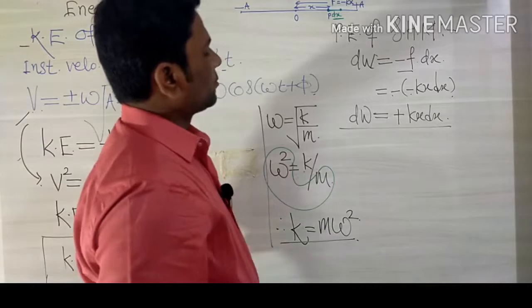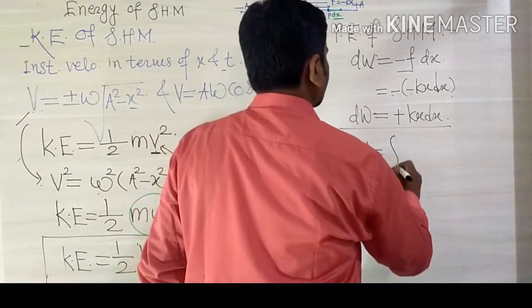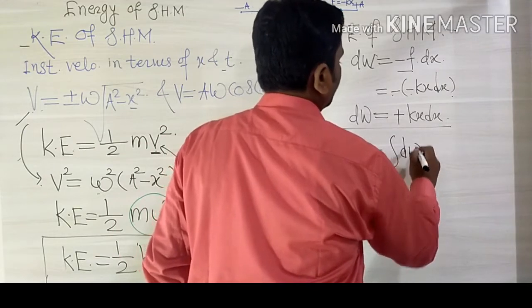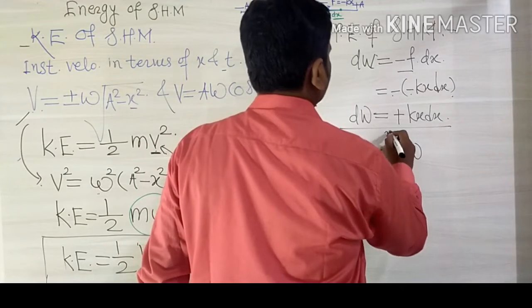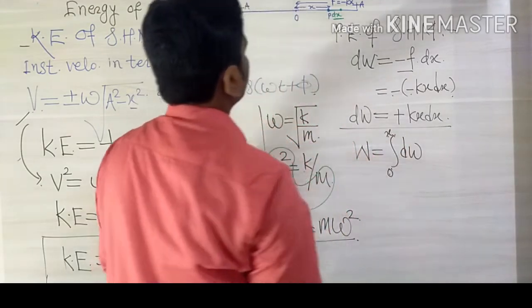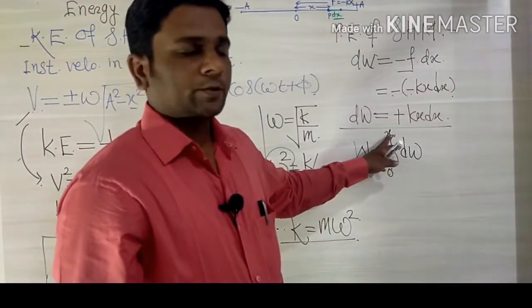So we find the total work done by integration of the small amount of work done dW, with the limits between 0 to x, because the particle is at a distance x from the mean position.